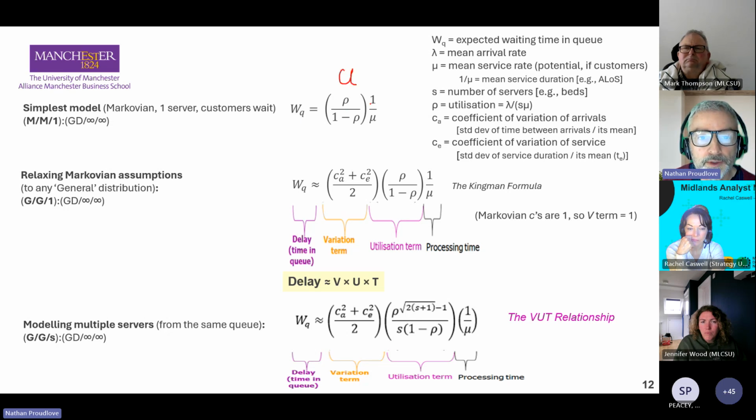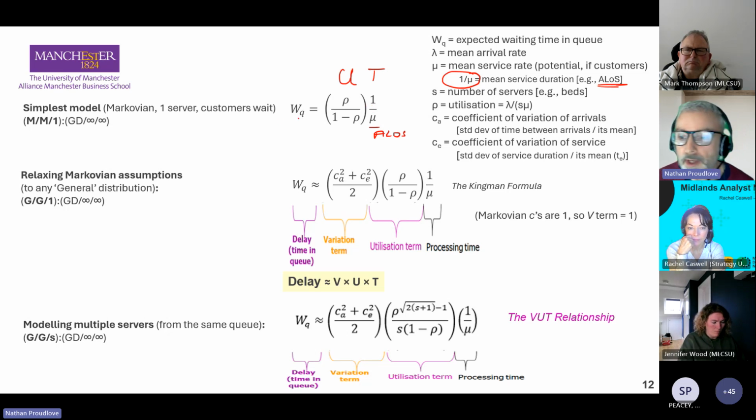This thing here, rho, is the utilization, and this thing, 1 on mu, is the average service rate. Once you do 1 over the average service rate, you get the average length of stay. So utilization times that average length of stay gives you the expected waiting time. There's nothing in there about the variation.